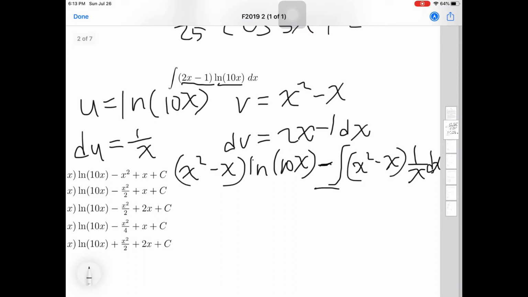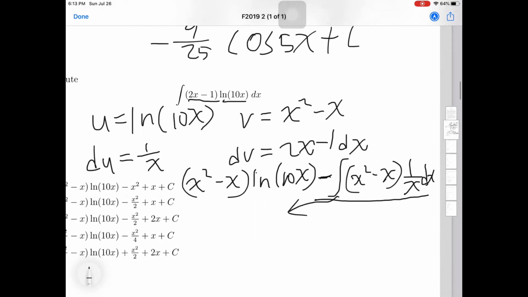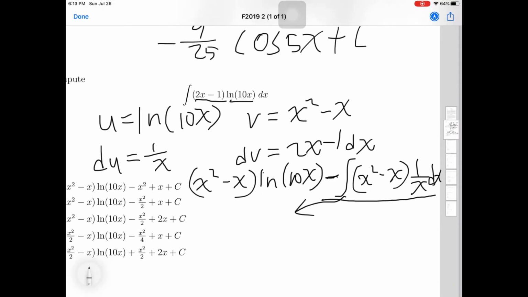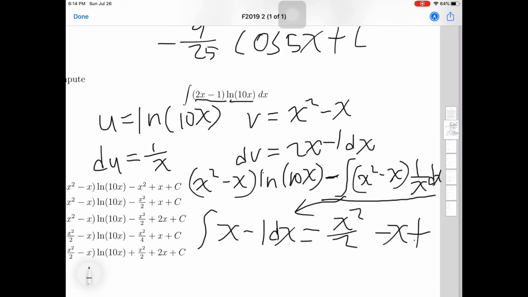And we can simplify this part once again. Then inside the integral would be just x minus 1 dx, and that part would equal half x squared minus x plus c.